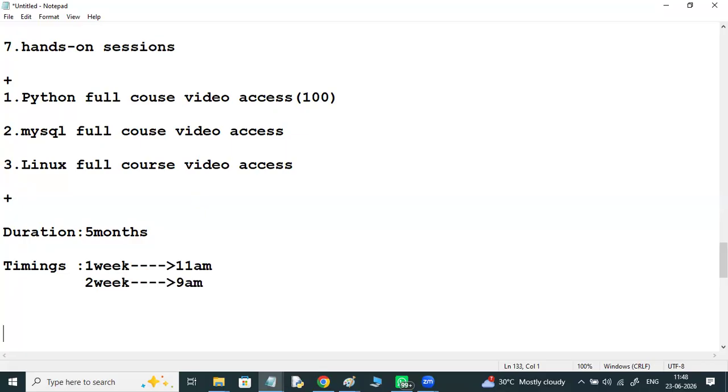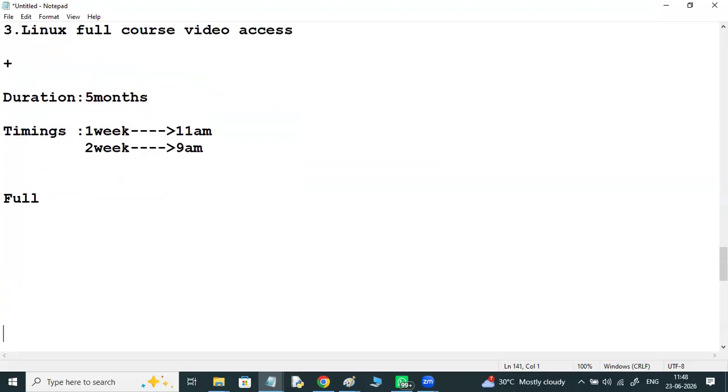See, previously the data science batch was separate and the AI batch was separate: generative and agentic AI, data science, machine learning, deep learning, NLP, right? So it was a 20,000 course previously, and AI also, generative and agentic AI, 20K.